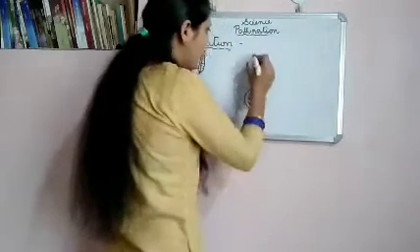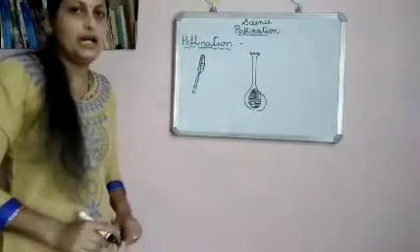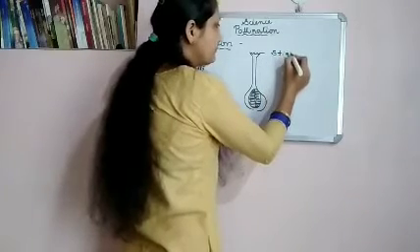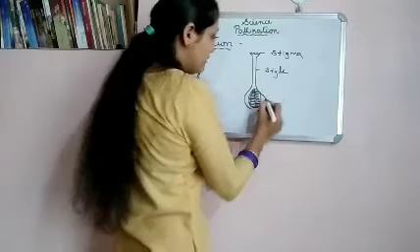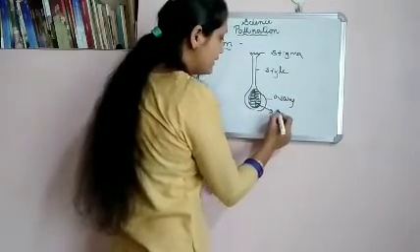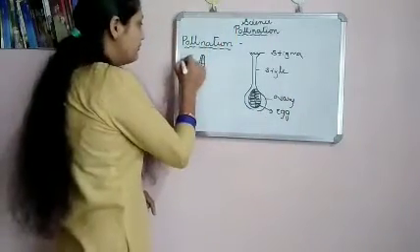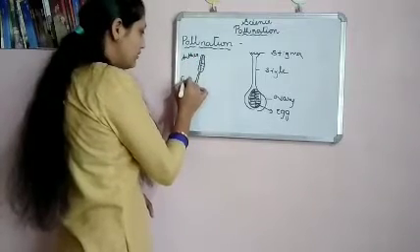This is the egg or ovum, and this is the topmost region of the pistil or carpel, that is stigma. This is the stigma. This is the style. This is the ovary. And inside what is present? Egg or ovum. This is the anther. This is the filament.